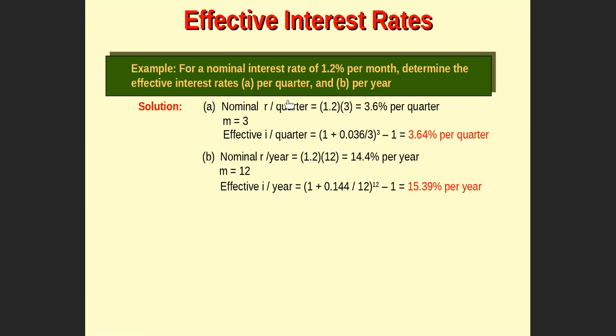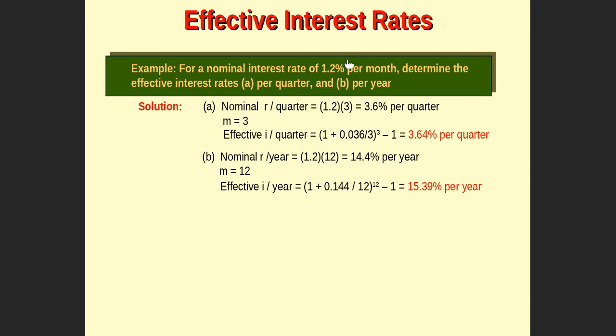So in this case, we follow the first condition, which stated that R equals interest rate times M. The interest rate in this case is the 1.2 that is given in the question, times M, which is the frequency that the compound period appears in the time period.